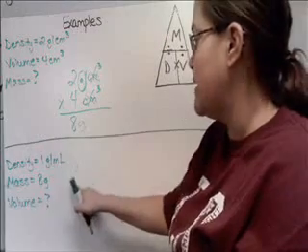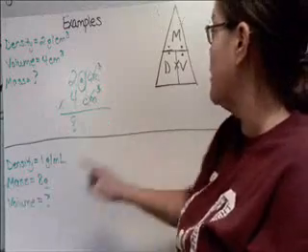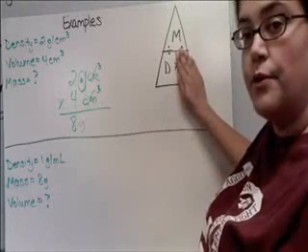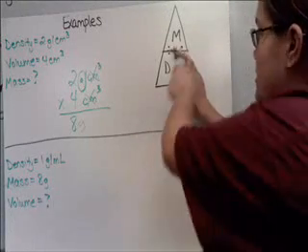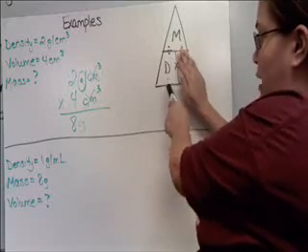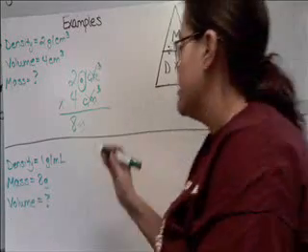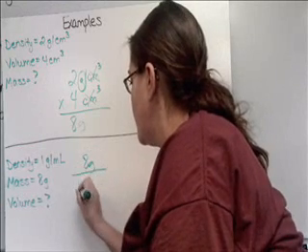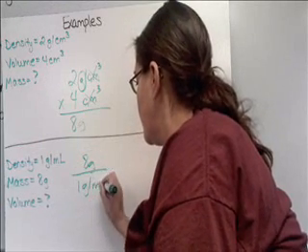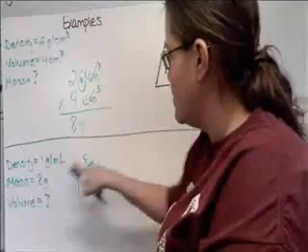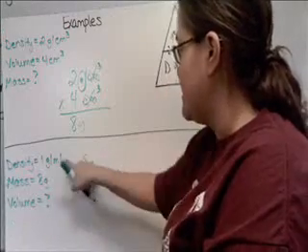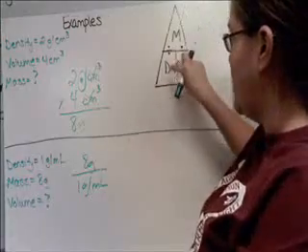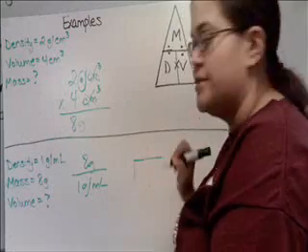Here we're given density and mass, and we're missing volume. So you cover up your volume, and it tells you to divide mass divided by density. So we're going to set up that formula. Mass divided by density. So then make sure you use your cowboy and your horse.